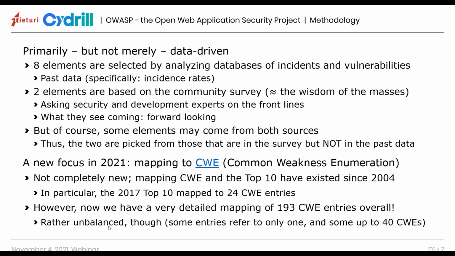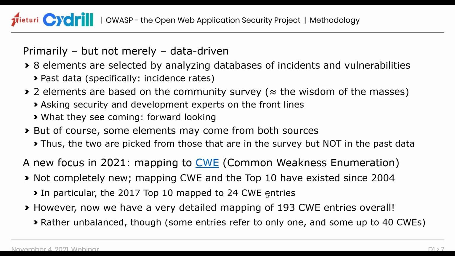The top 10 has always been integrated with the CWE to a certain degree, but in 2021, this had a lot of emphasis. This mapping is more extensive than ever. So if you compare 2017 and 2021, in 2017, there were only 24 of these CWE entries, so these weaknesses, which mapped into the OWASP Top 10.